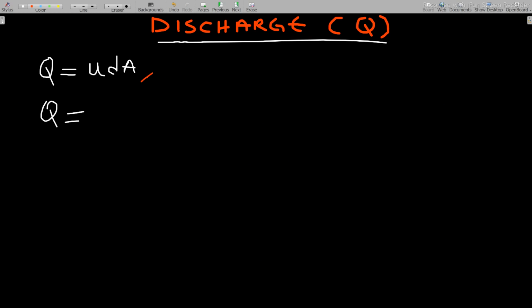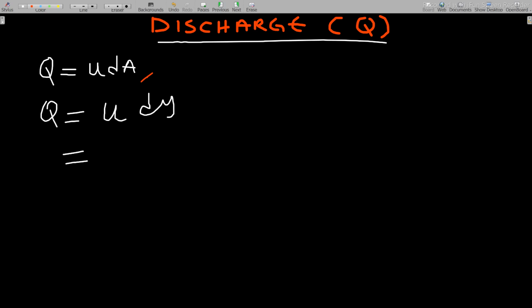The a here means what area are we moving, and we are moving in a one-dimensional area, and the area is with respect to y. So this will actually be equal to u dy, since we are just moving in 1D.